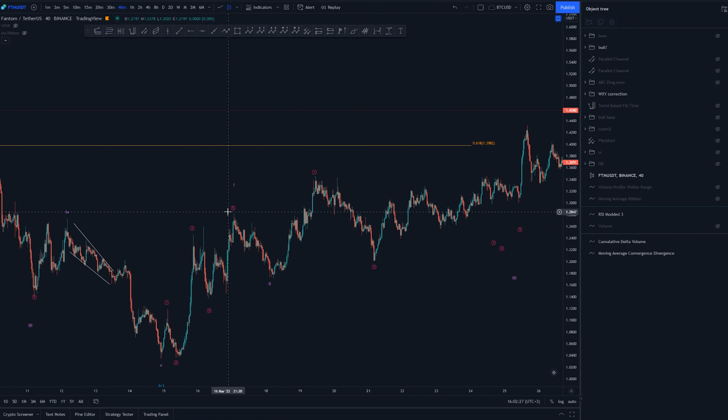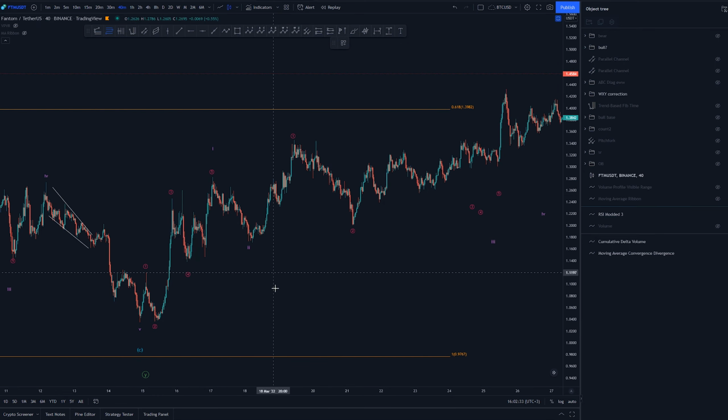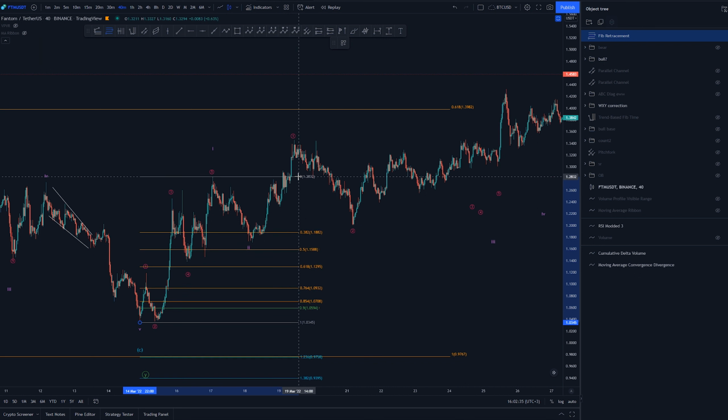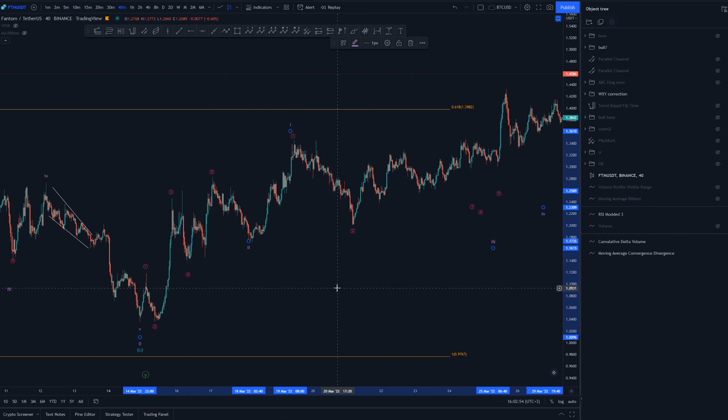Now, a 3-wave move looks to be here, a zigzag. It's not retracing too much, to be honest. Yeah, only 0.382, and again, saying that this could be a wave 4, this whole structure here, I wouldn't call them out. It would be a bullish running flat, saying that we would come up here with a 1.